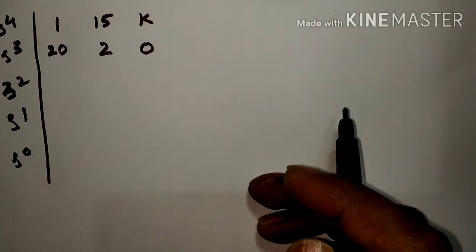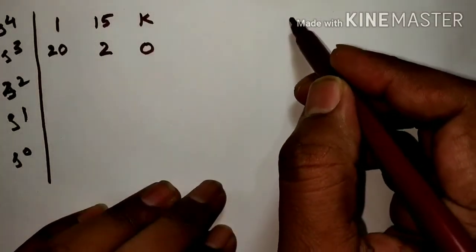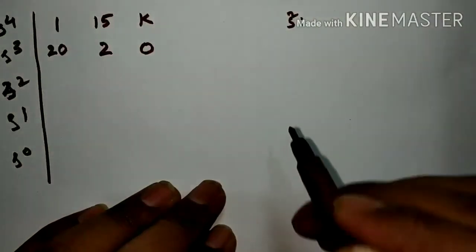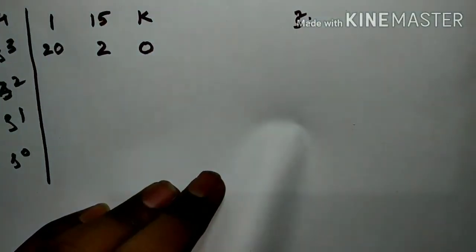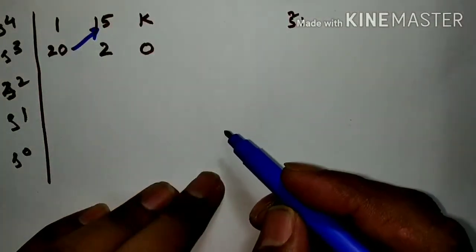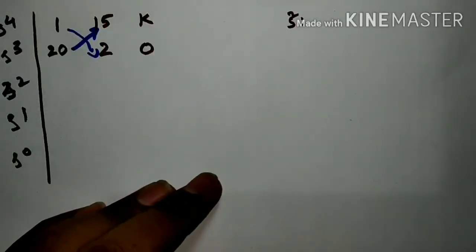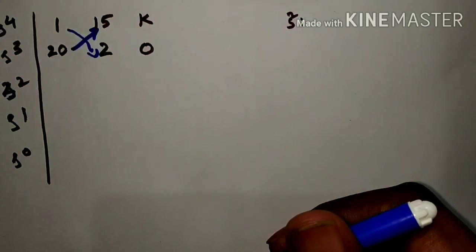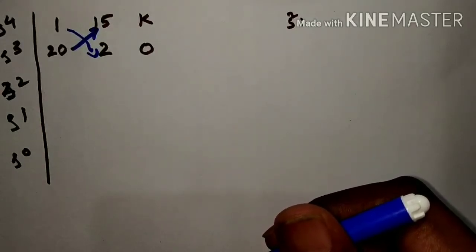First you find the s^2 coefficients. You know how to find this. Here 20 into 15, 1 into 2. 15 into 20 is 300.